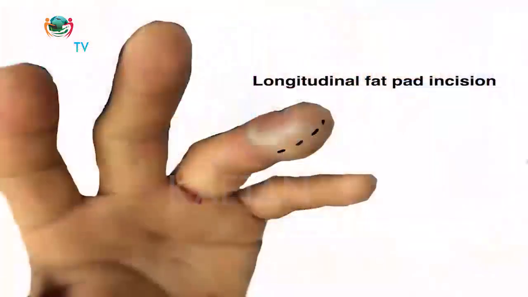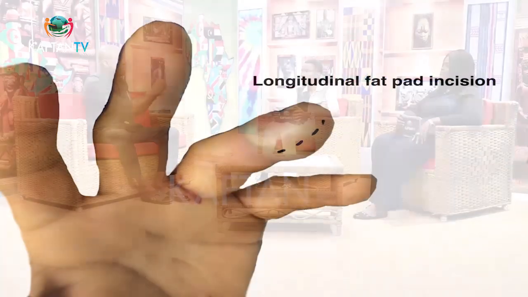Before you are confused, this is your palm. So we use it as the palmar aspect of the finger. So Whitlow, the medical Whitlow, will affect the tip. The herpetic Whitlow is not very common.